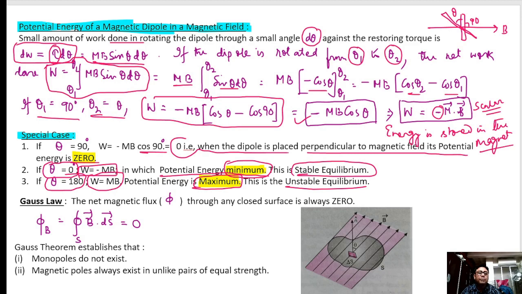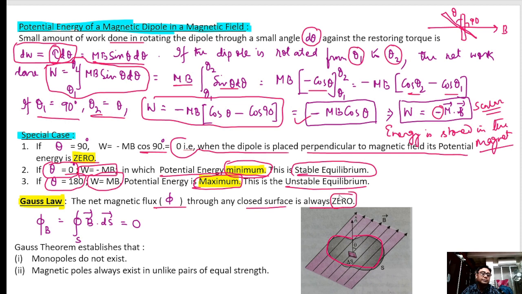Next, a very important topic, that is Gauss's law. We have already done Gauss's law in electrostatics, and now we will do Gauss's law in magnetostatics. So what is that? The net flux, this is phi, through any closed surface, is always 0.